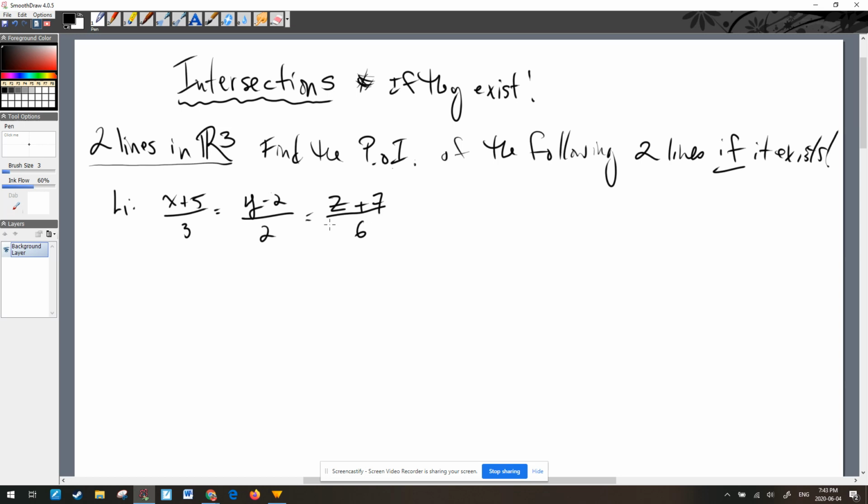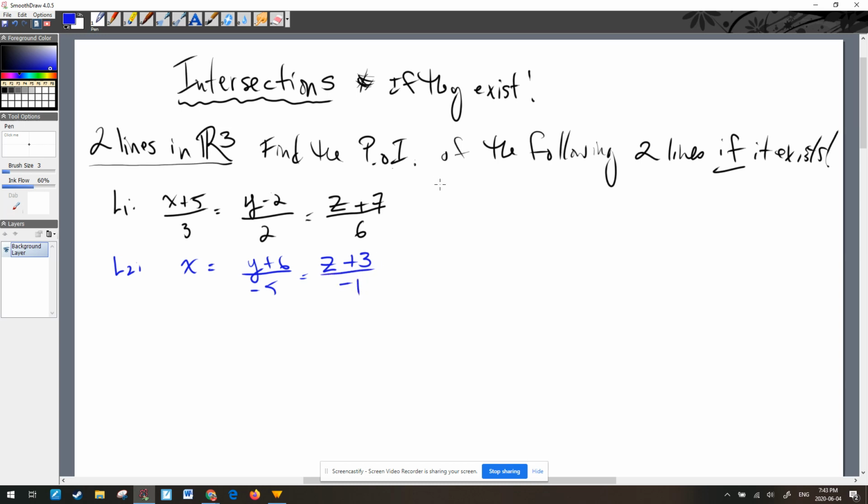So there is the first line, and I'll grab a different color for the second line. And then L2 is going to be, how about just straight up x equals (y plus 6) over negative 5 equals (z plus 3) over negative 1.